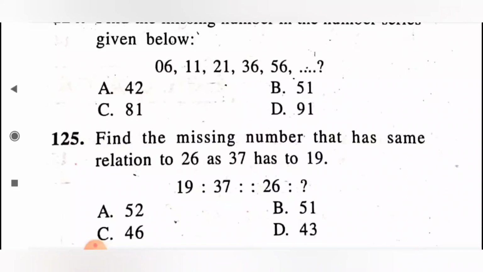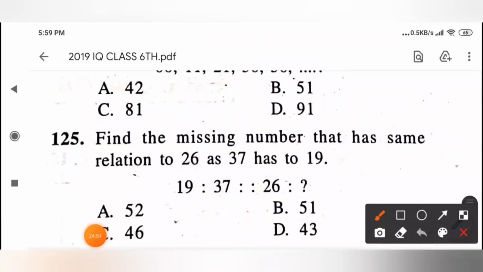125. Find the missing number that has the same relation to 26 as 37 has to 19. So the relationship between 26 and 37. See, 19 is to 37 such that 26 is to dash.